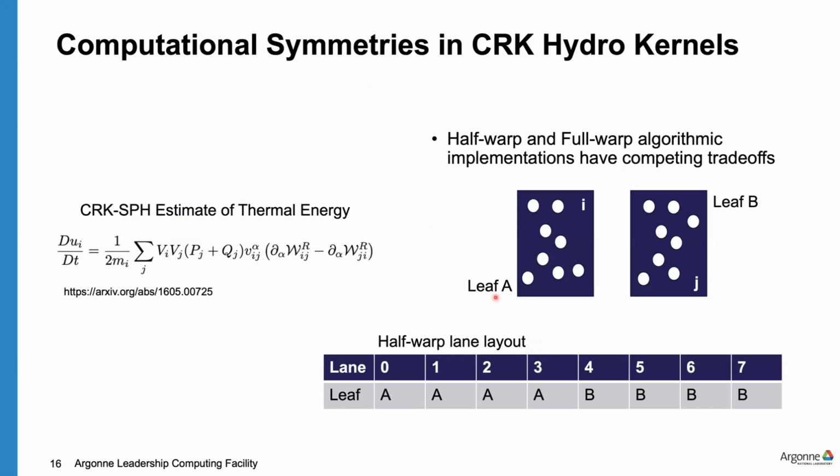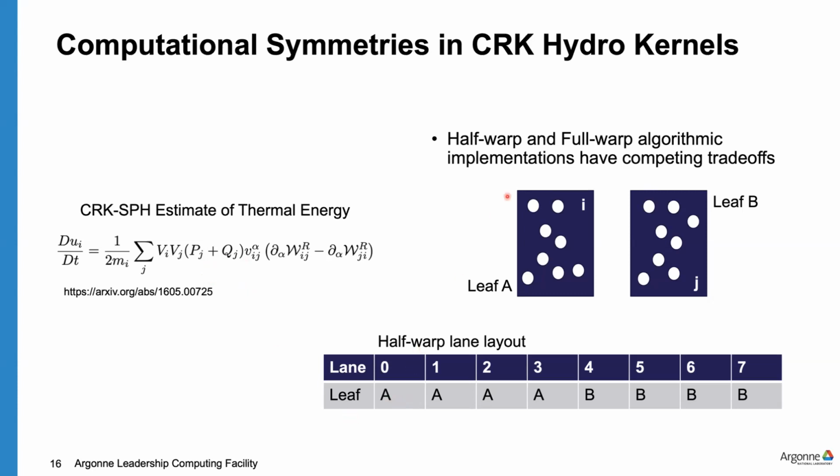So what that means is, if we're interacting particles in two leaves, when a particle in one leaf is interacting with a particle in another leaf, there's a symmetric calculation that's done on both sides, in both particles from both leaves. This equation isn't the only one with these symmetries, but I think it's a good example.